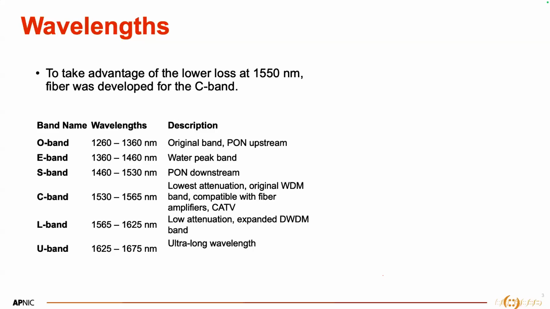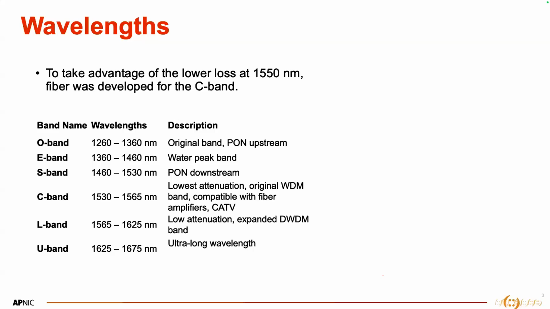I don't think a lot of vendors are going to propose any solution with U band, because it will be very much out of scope, even for an expanded network.